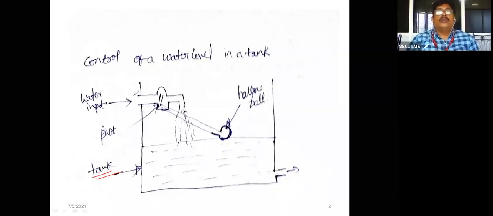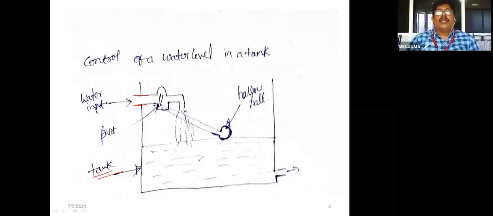Here a hollow ball or a float is there, which is connected with the help of a rod and a pivot in the pipeline arrangement. And then the tank contains water.